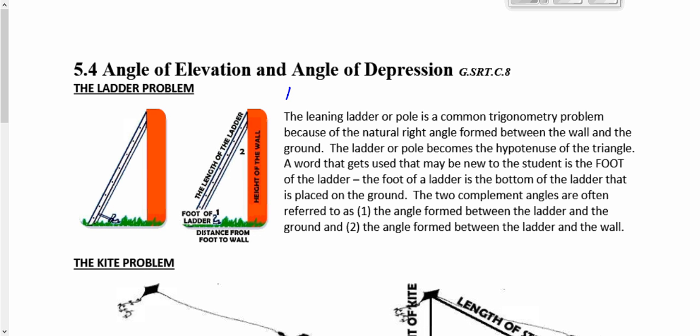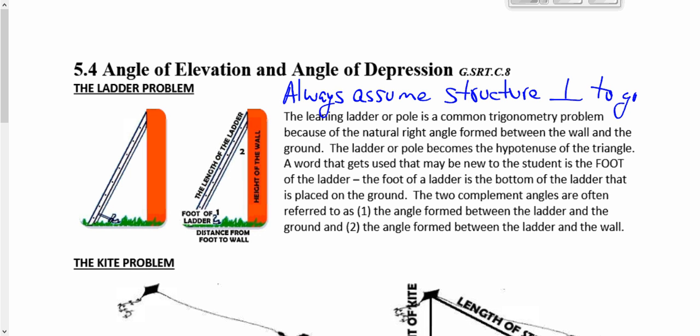So we can always assume, unless they tell you otherwise, structure, whatever it is, perpendicular to the ground. And that's important because what kind of triangle will that give you in the situation? Right. A right triangle, okay?